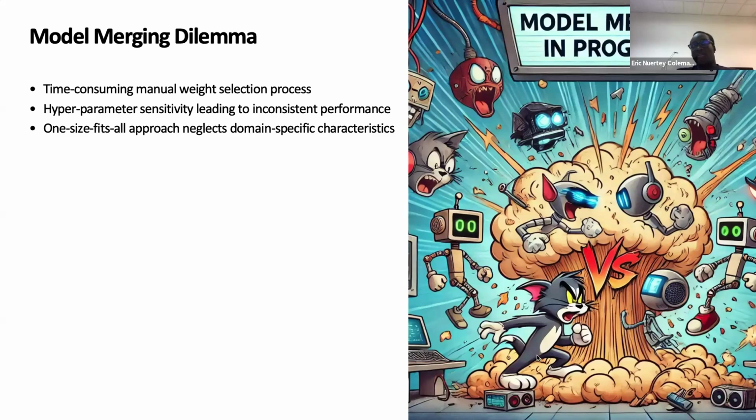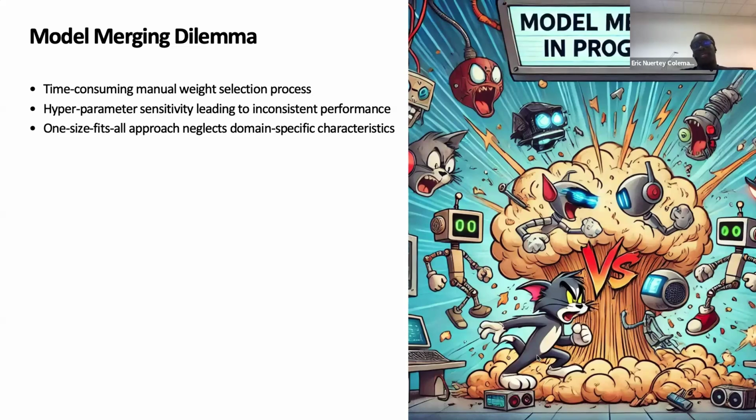And one thing that we discovered when we were playing around with model merging is it can be a bit chaotic, and it also depends on the model merging algorithm that you're working with.